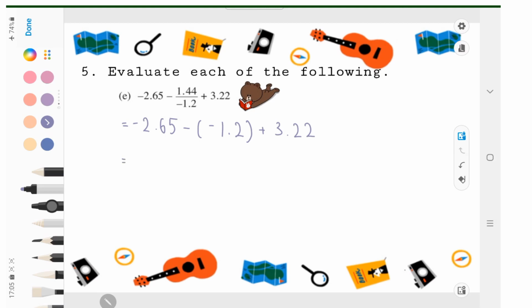Then negative symbols meet together, it will be positive because they are the same. So negative 2.65 plus 1.2 plus 3.22. We solve negative 2.65 plus 1.2 and you will get negative 1.45 plus 3.22 equal to 1.77.